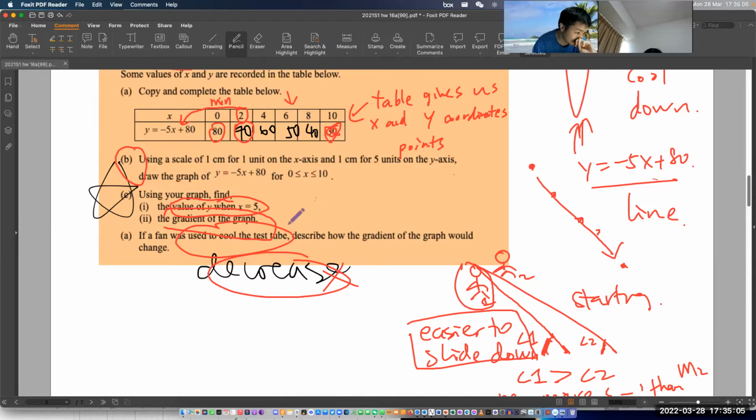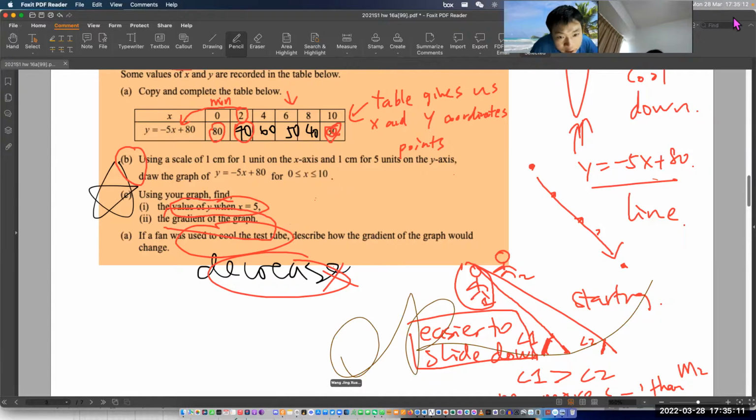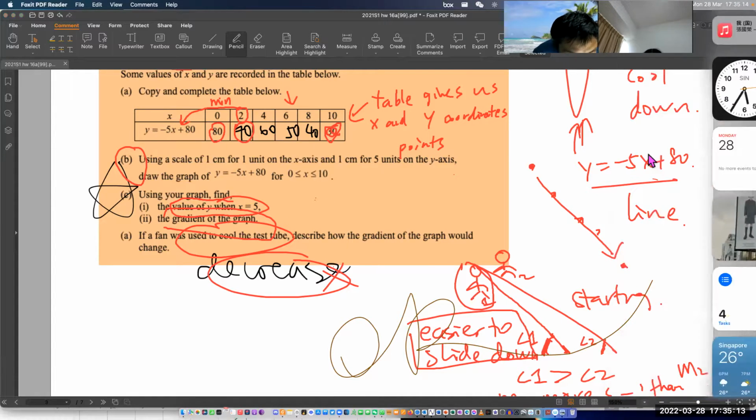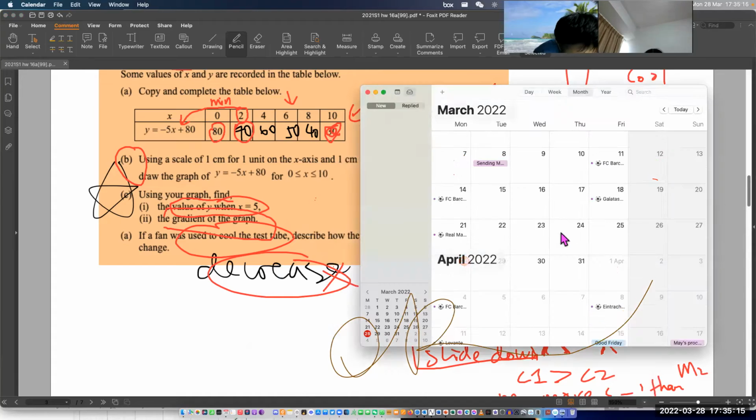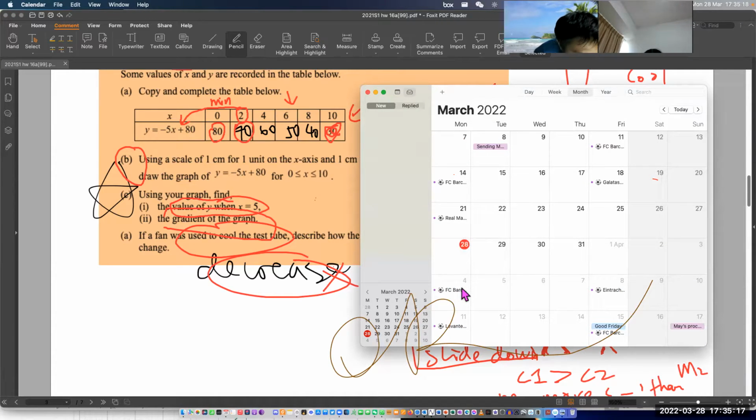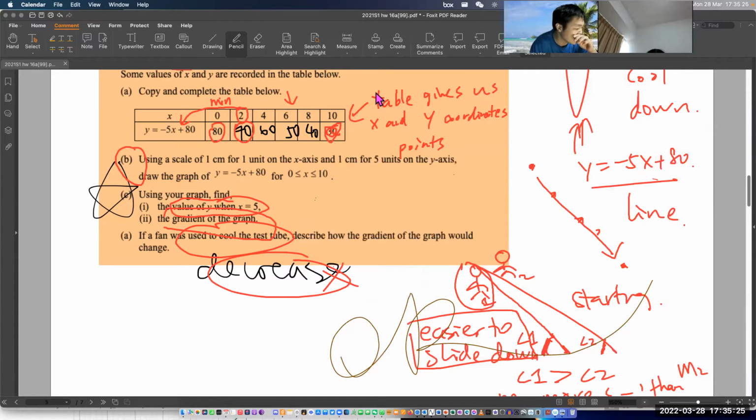Can? So next week we are supposed to meet in person already. April already. By the way, tomorrow I think we can all unmask in the public space. Is it tomorrow?